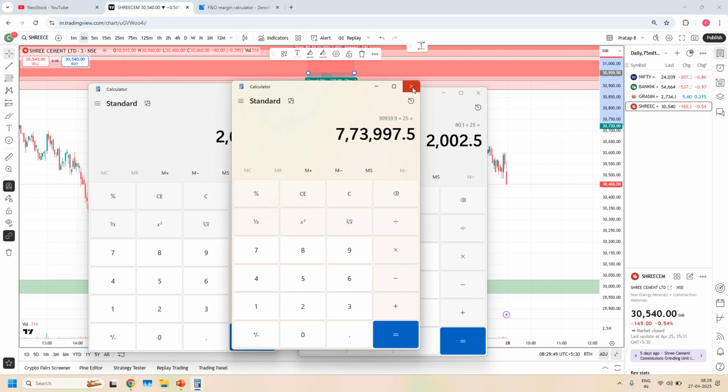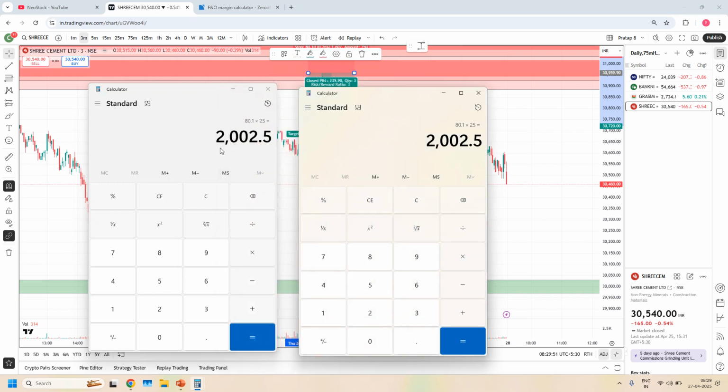So that means we got this 2,000 rupees loss by investing 7,74,000 rupees. For 7,74,000, 2,000 is the loss.